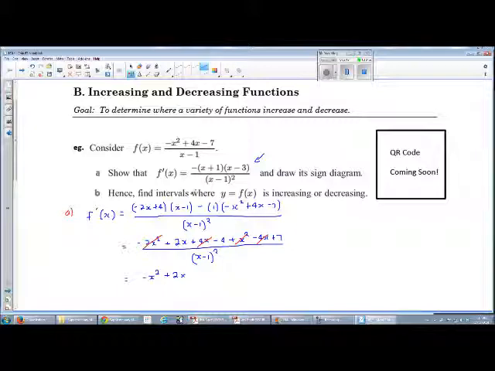And then I've got plus 3, which then takes care of this negative 4 and plus 7. Okay, so now I'll still have that over x minus 1 all squared.